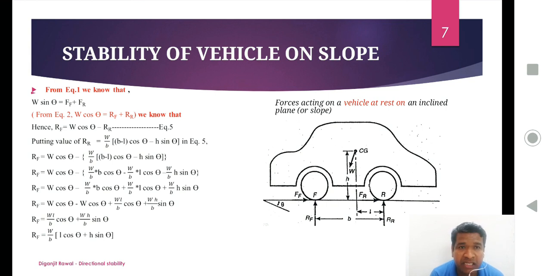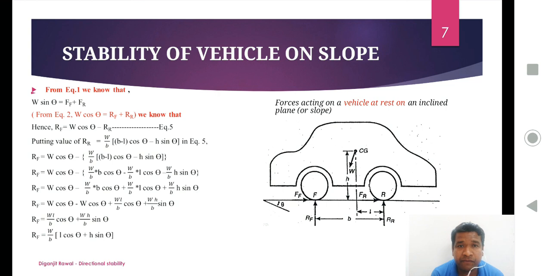So next we can see that RF is equal to W cos theta minus W cos theta, because B gets cancelled, so it remains minus W cos theta plus WL by B cos theta plus WH by B sin theta. So W cos theta minus W cos theta gets cancelled, so it is 0.